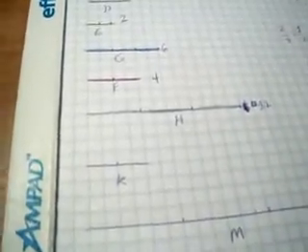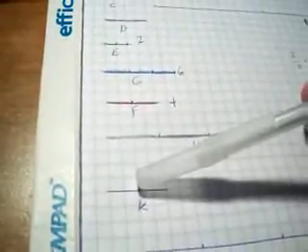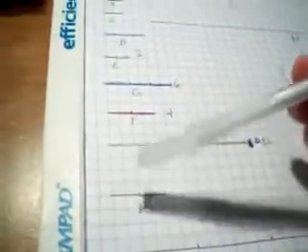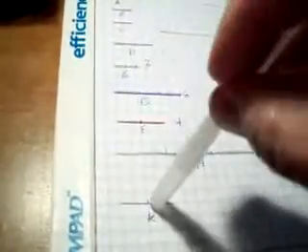And therefore, there are 4 A's in K. There are 2 A's in E, and there are 2 E's in K. So there are 4 A's in K.